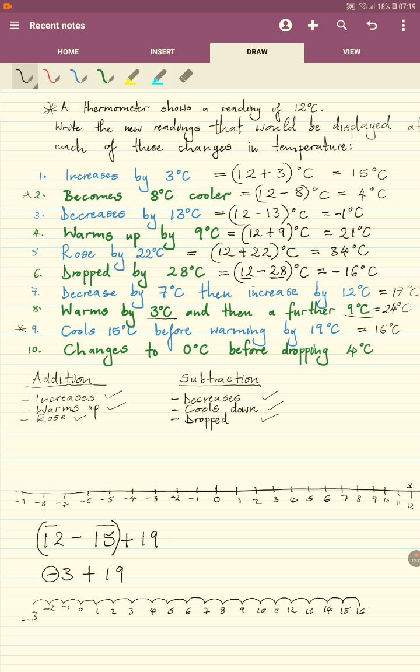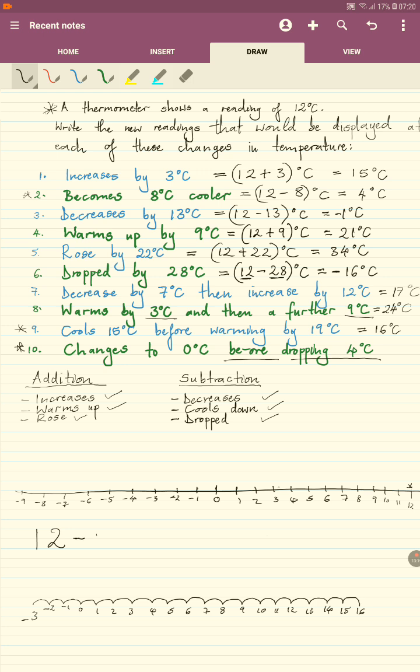And number 10 reads, the temperature changes to 0 before dropping 4 degrees. So there are two things happening there. The first thing is the temperature changes to 0, but remember the temperature that we have here is 12 degrees. So 12 degrees is changing to 0. How does 12 degrees change to 0?